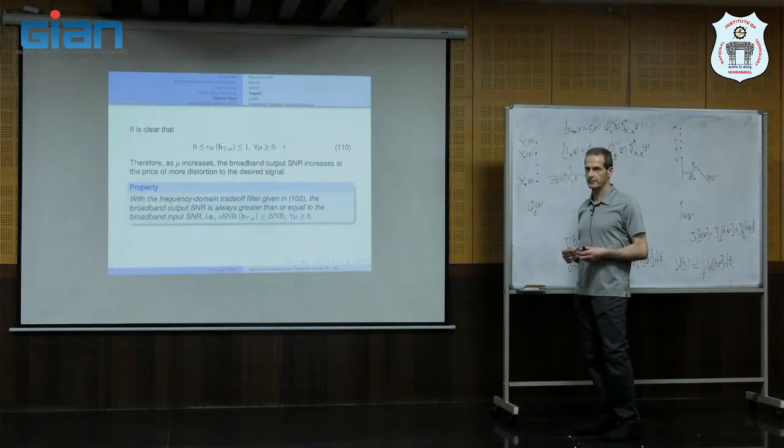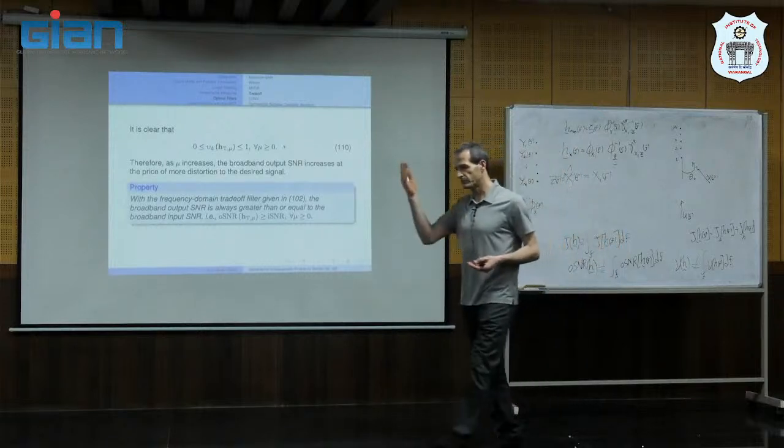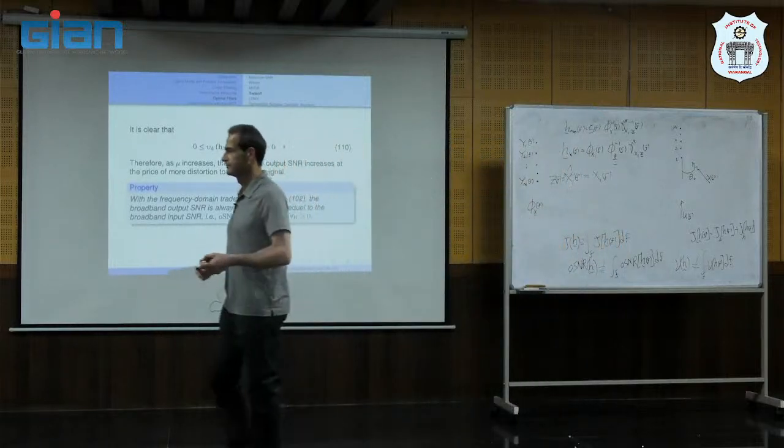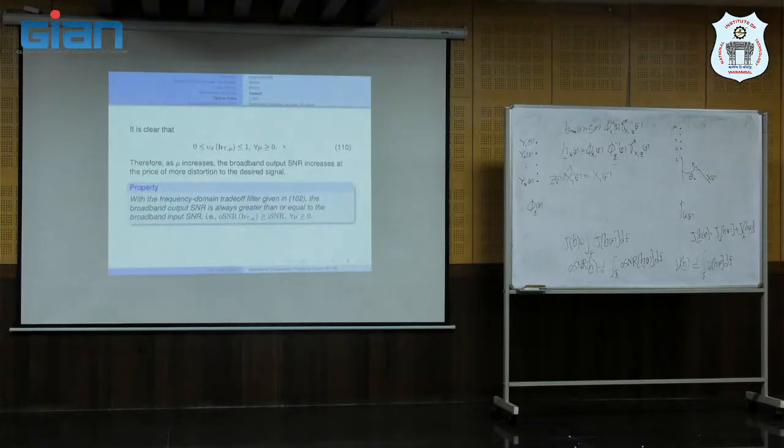It's full rank for any frequency. If we have some frequency where we can reduce noise, then we improve. We get a higher output SNR than the input SNR, broadband. Questions?